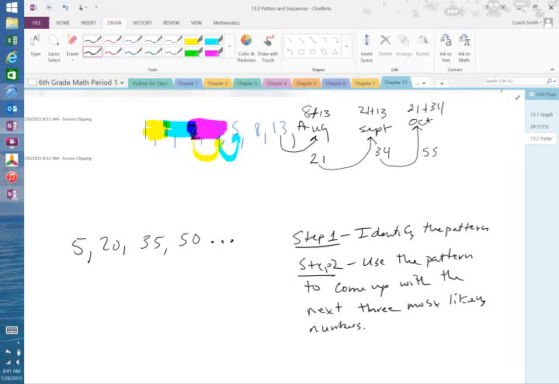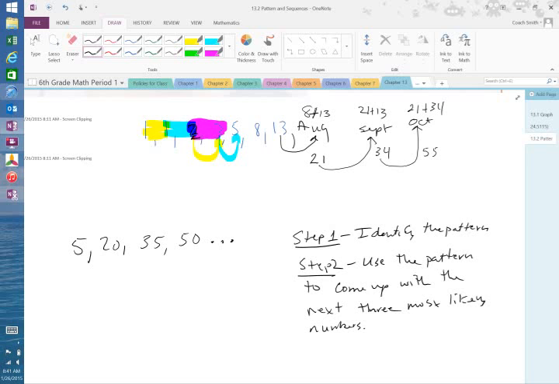Did I increase the number or did I decrease the number to go from 5 to 20? And we increased it, okay? We increased the number.